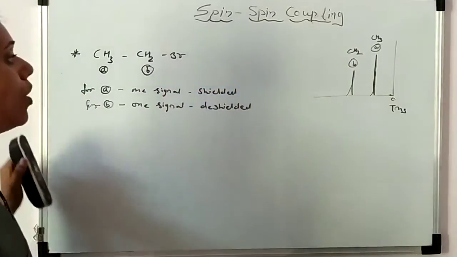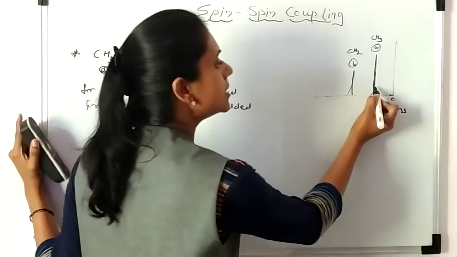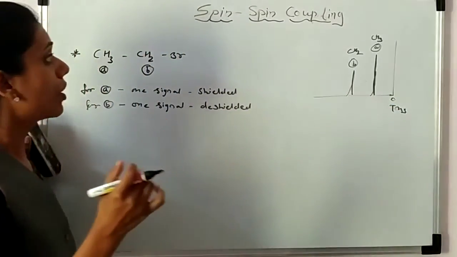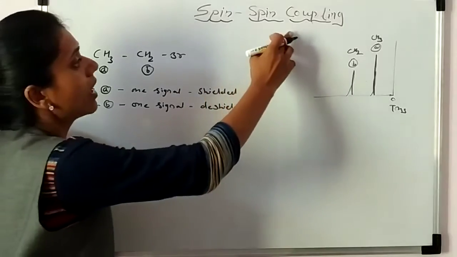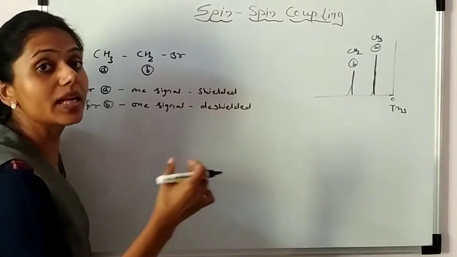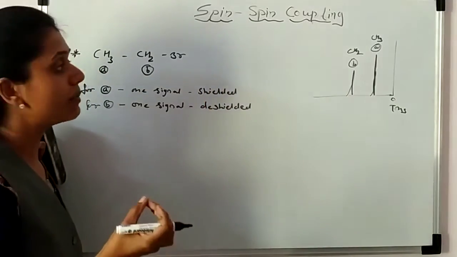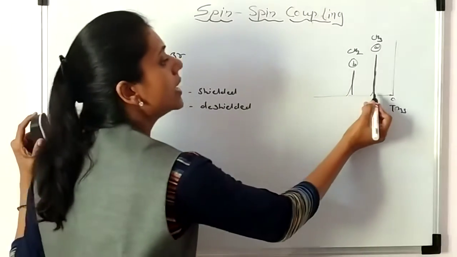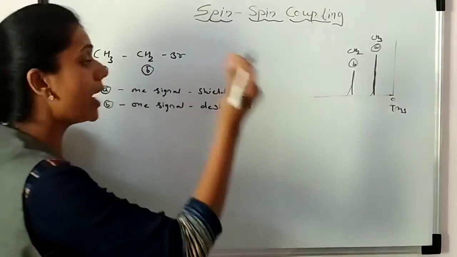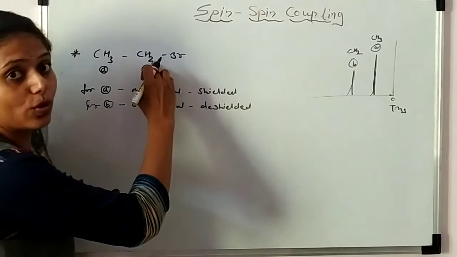Now, what happened here? These signals are coupled; another word for spin-spin coupling is spin-spin splitting. That means splitting of this signal happens due to the adjacent non-equivalent protons.